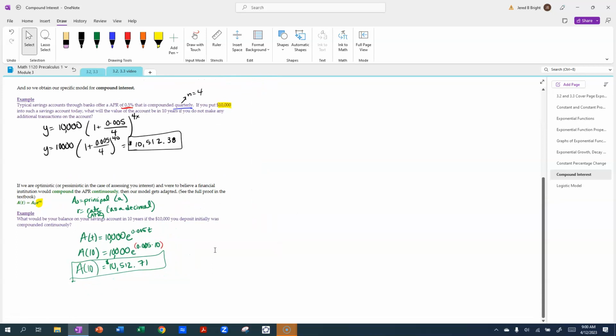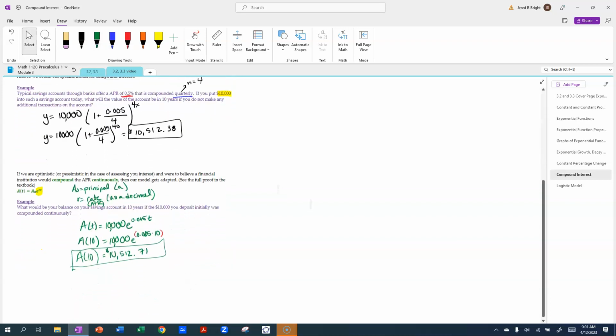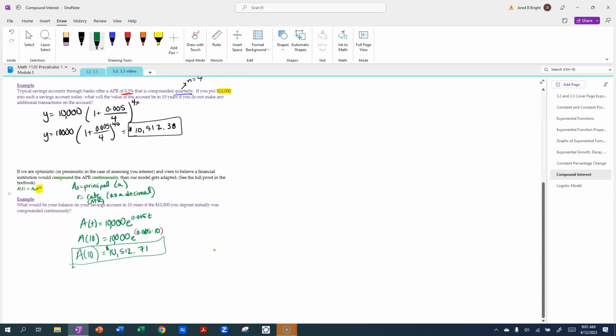Okay, so be aware of these two models as you work through situations where you're compounding money. If it's the case where it's some number of times, we have to use the model where it's APR over N. If you're compounding continuously, that's where we have to use the e to the RT model.